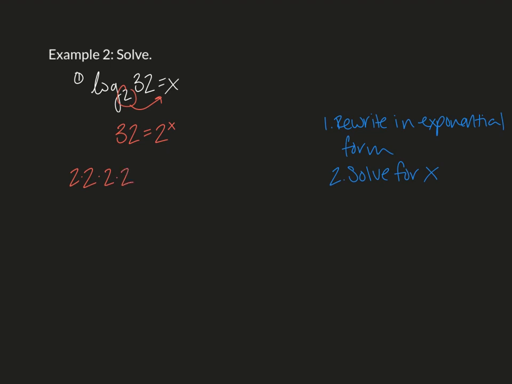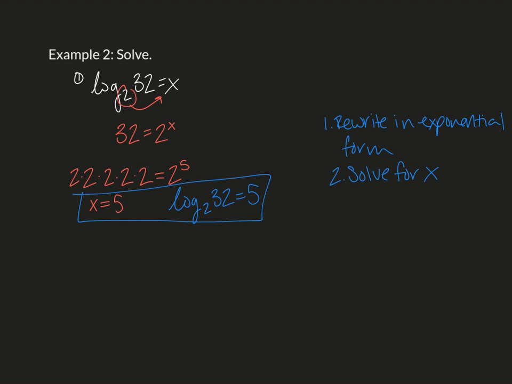Times another 2 is 16. And times another 2, that is how I get my 32. So that is 5 twos total, so 2 to the 5th power. And what that means is that x equals 5. And if you wanted to rewrite it kind of how the original problem is formatted, you could say log base 2 of 32 equals 5.